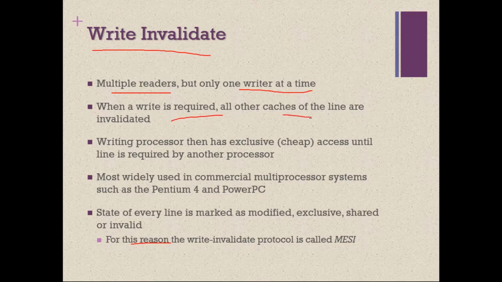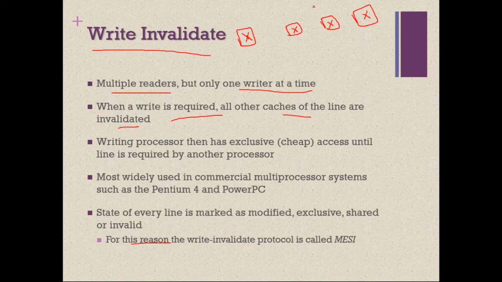all other caches of the line are invalidated. Say for example there are many caches: cache 1, cache 2, cache 3. Initially all these caches are performing read operations on the data X. They are not updating, they are just reading X. They are not changing anything.